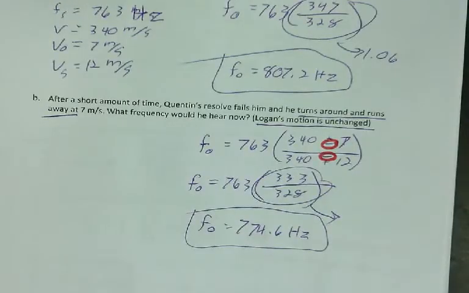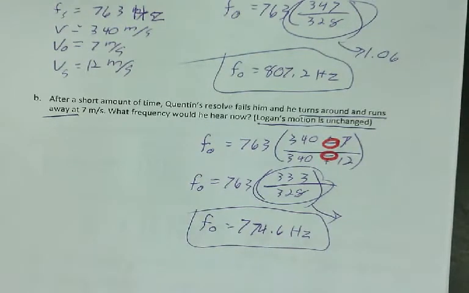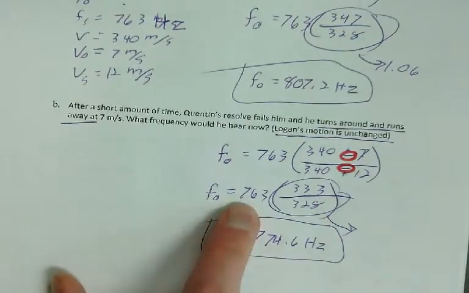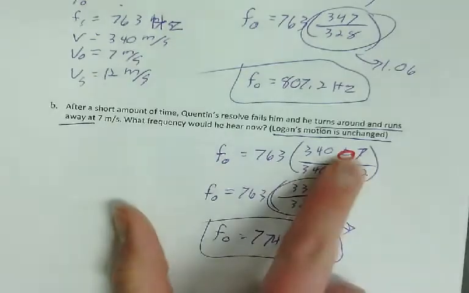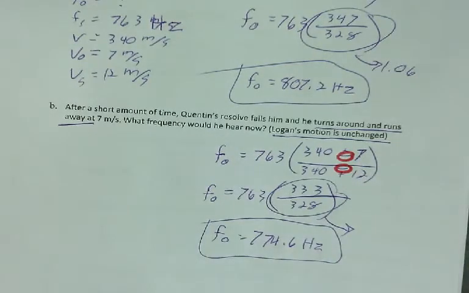Now wait a minute. We just got done saying that when objects get closer together, the frequency goes up. When objects get further apart, the frequency goes down. 774 is still bigger than 763, even though Quentin ran away. So why didn't that change? Why is it still the same? Yeah, or why is it still higher?